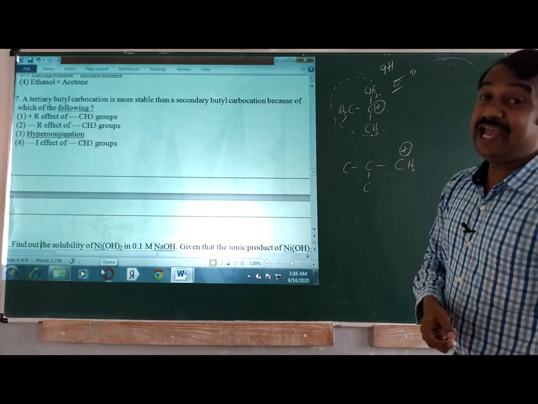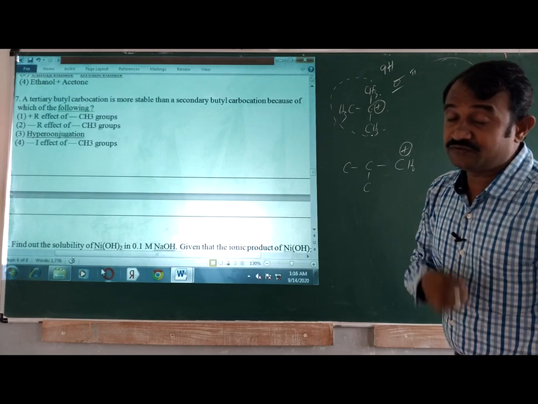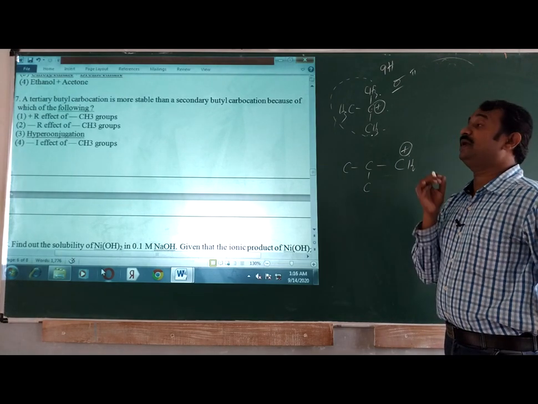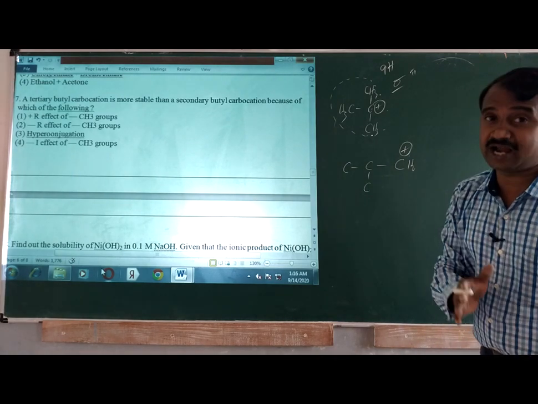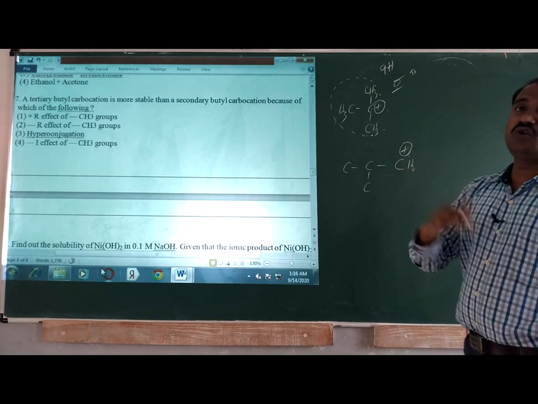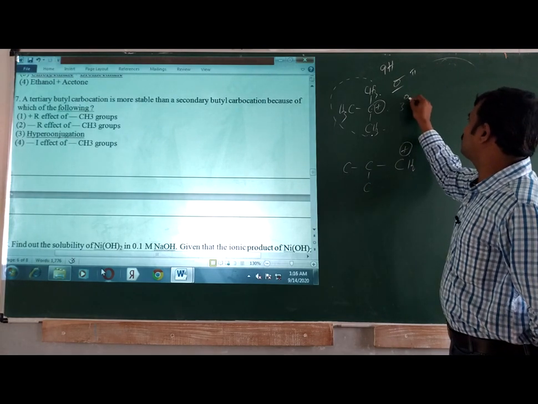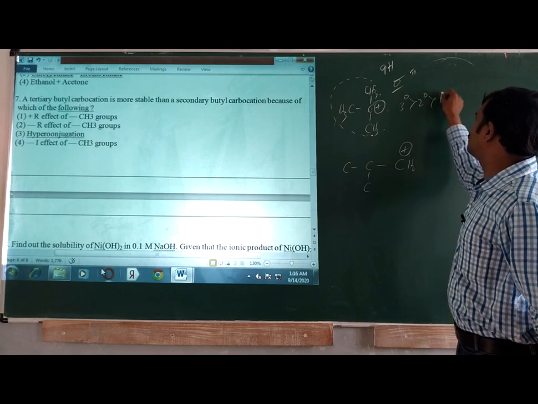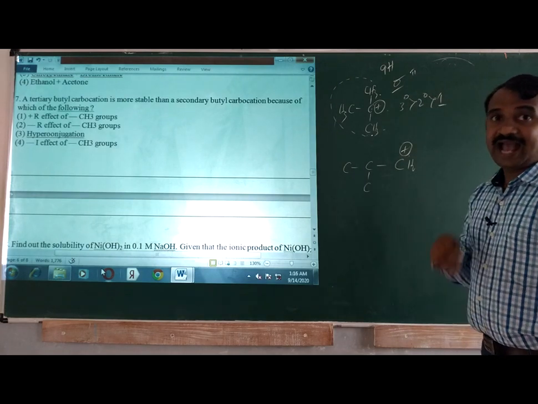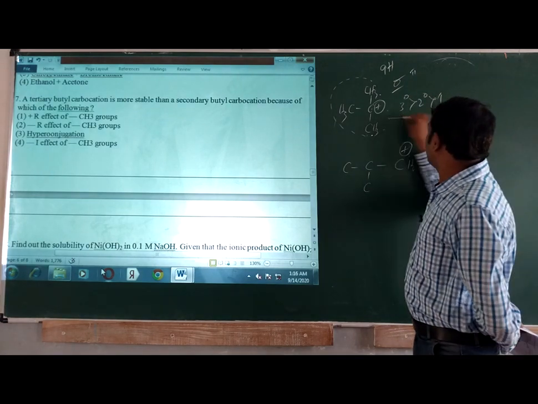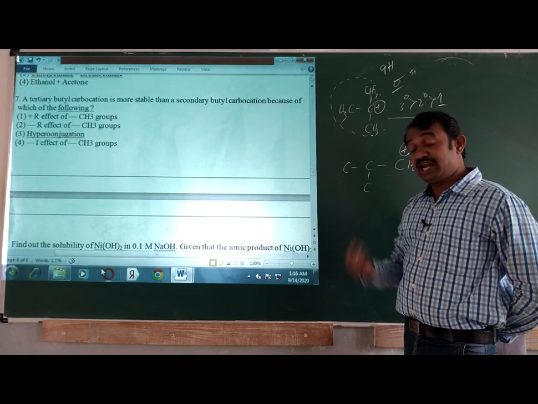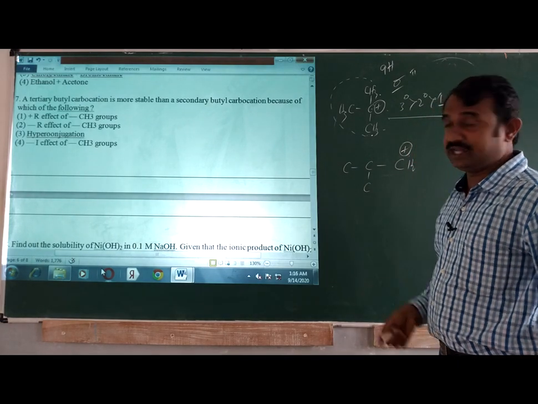Third one, hyperconjugation we can observe in free radicals. What will happen in free radicals and carbocations? Tertiary is more stable than secondary, secondary is more stable than primary, as well as methyl.